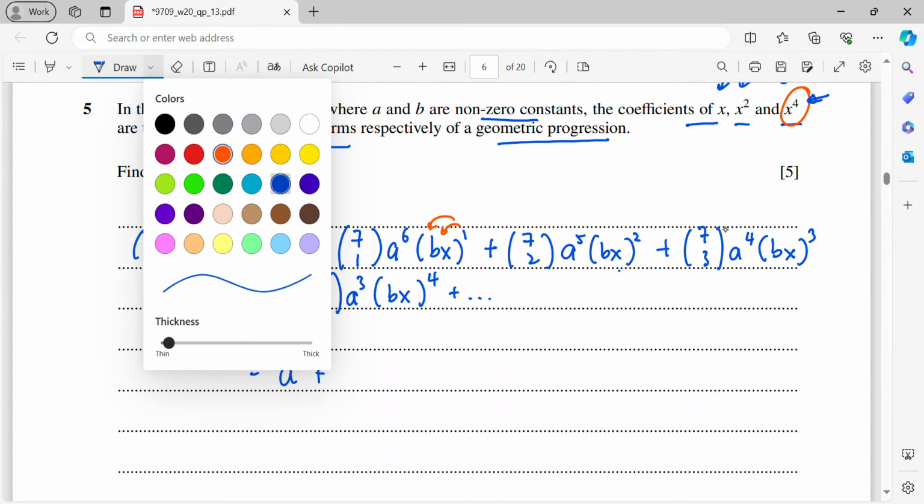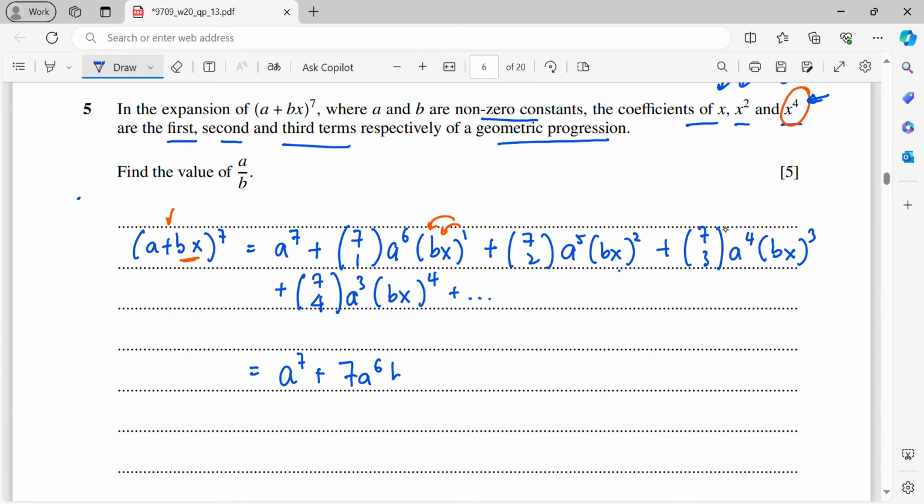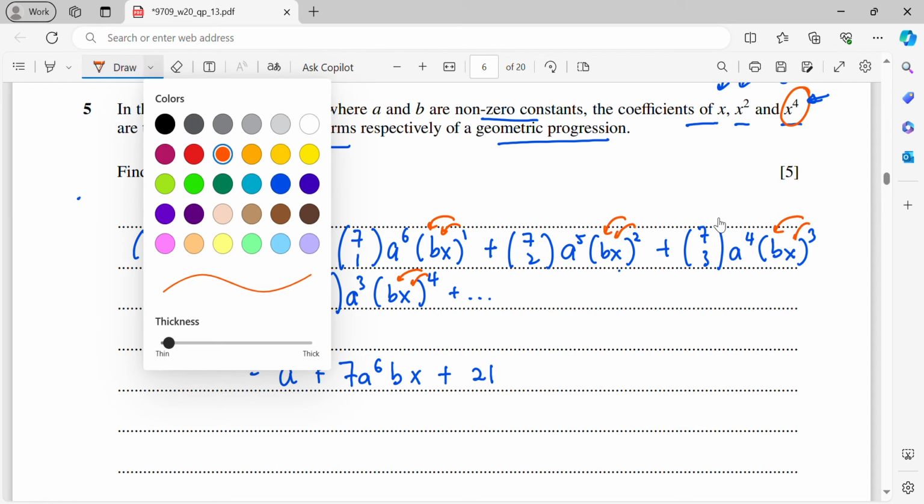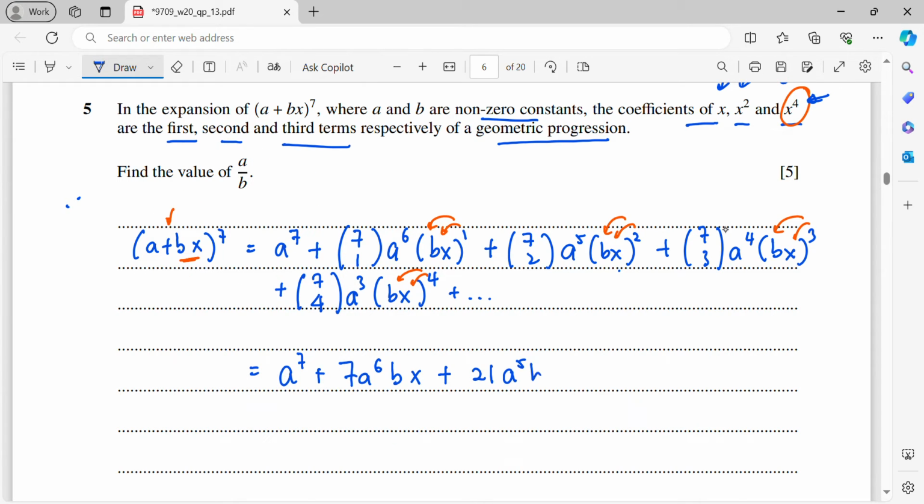I will be getting 7 a degree 6 bx, then plus 7C2 is basically 21, so 21 a degree 5 b squared x squared, plus 7C3 is 35, then a degree 4 b cubed x cubed, and the next term is 7C4, which is 35 as well, so 35 a cubed b degree 4 x degree 4, and so on.